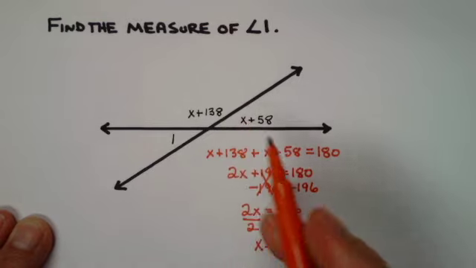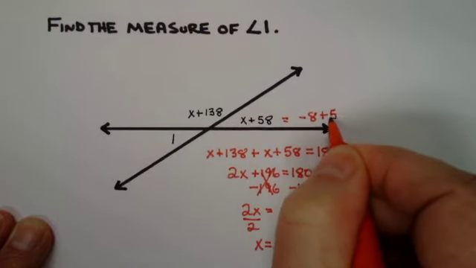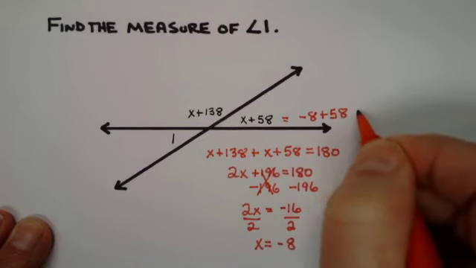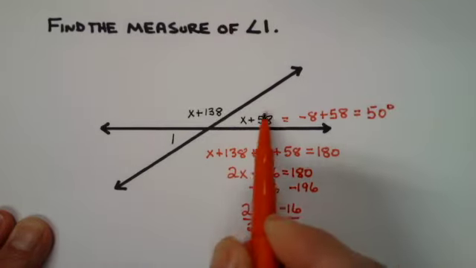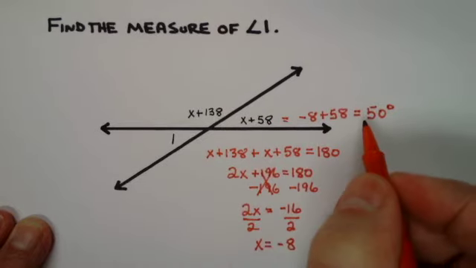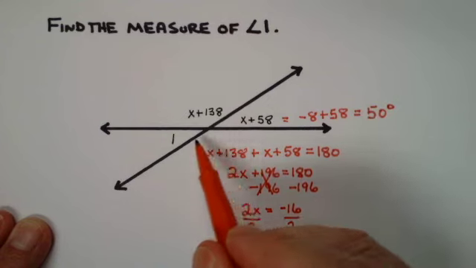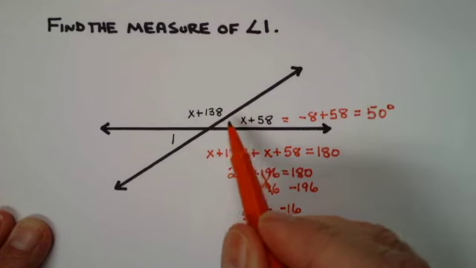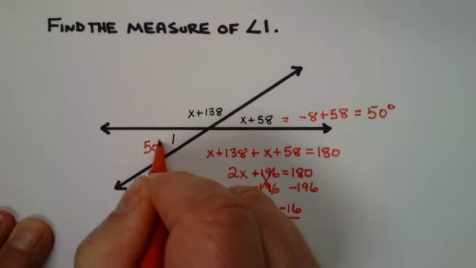I'm going to plug it in right there. Negative 8 plus 58. What is negative 8 plus 58? 50 degrees. This angle measure right here is 50 degrees. If this angle measure right here is 50 degrees, and these are vertical angles, what's the measure of angle 1? It's also 50 degrees.